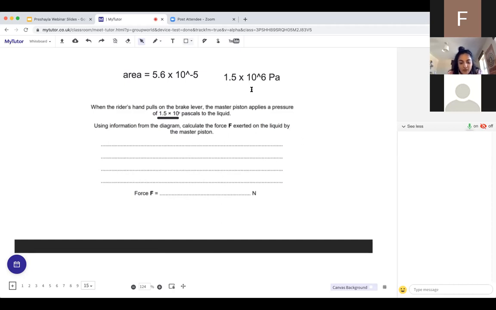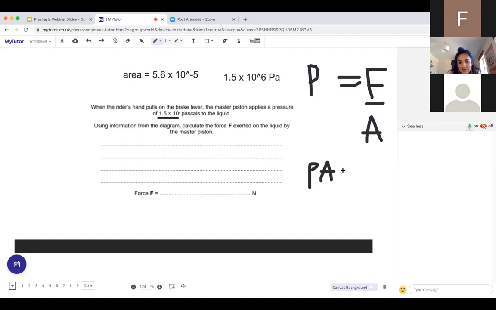So we need to use our equation, P equals F over A, and rearrange it for F. So rearranging for F means that we need to do P times A equals F. So to find our force, we need to do pressure times area.